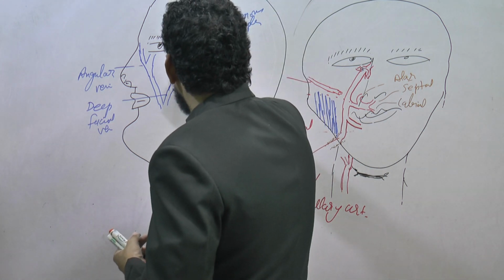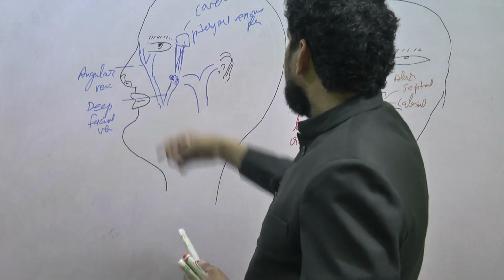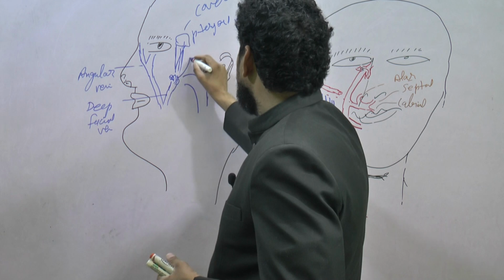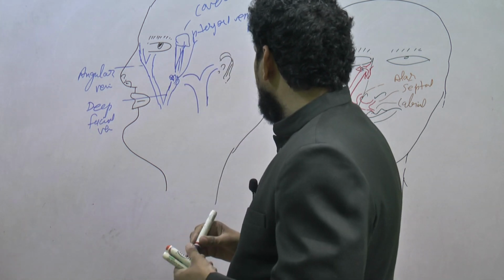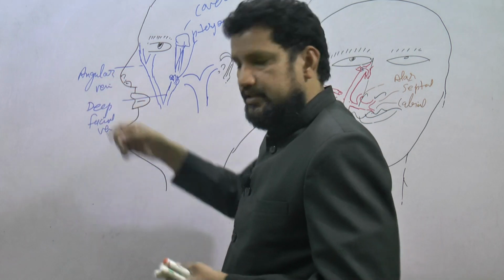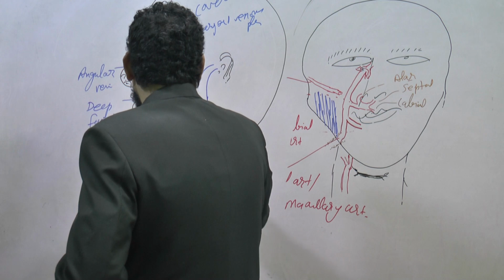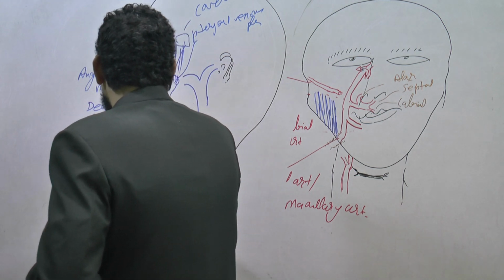So these are emissary veins connecting the pterygoid venous plexus to the cavernous sinus. The deep facial vein joins the angular vein to form the facial vein. This is the facial vein proper.